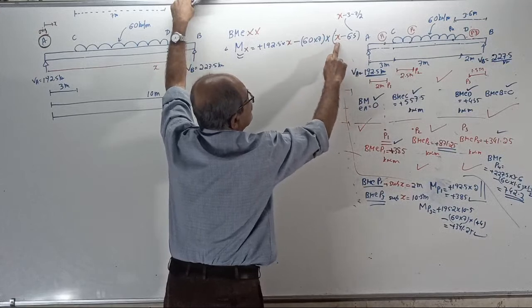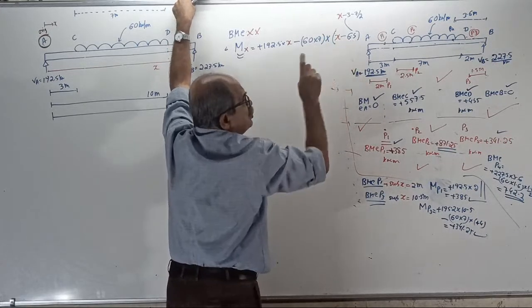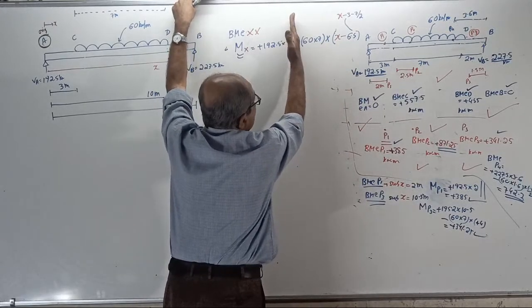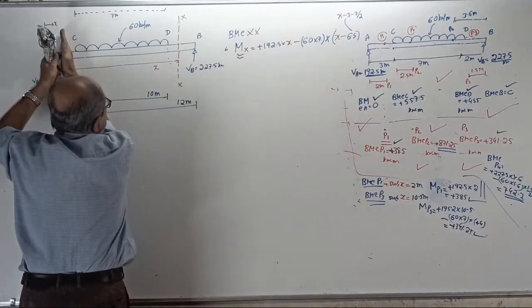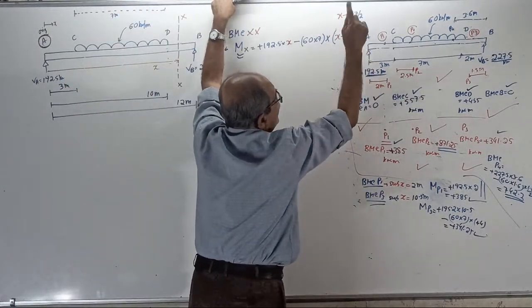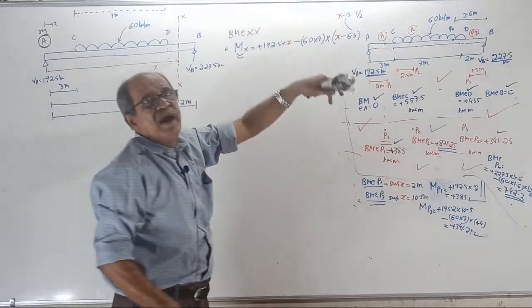See, because 3 or less than 3 minus 6.5, you should write it. It will give negative, so you stop here. Yes, if you stop here, it is correct. Why? Reaction into x. Correct. That's why it gave correct answer at A, correct answer at C, and also correct answer anywhere in between.